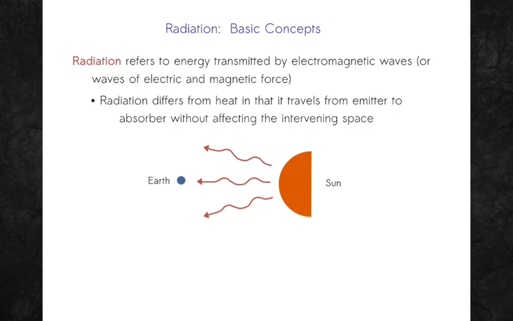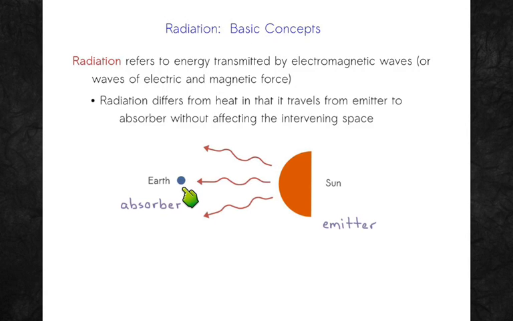So for instance, in the case of the sun and the earth, where the sun is emitting the radiation and the earth is absorbing the radiation, well, in this case, there's basically nothing in between. It's empty space between them. And the radiation propagates through without really having any impact until it reaches the Earth, and then it transfers the energy to the Earth.